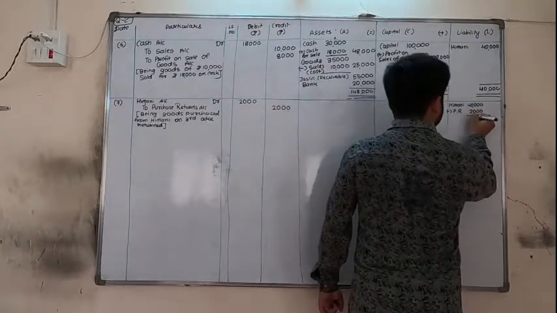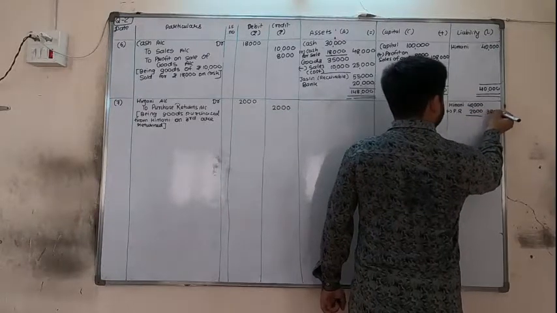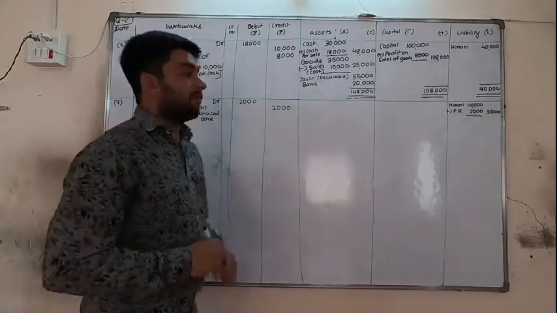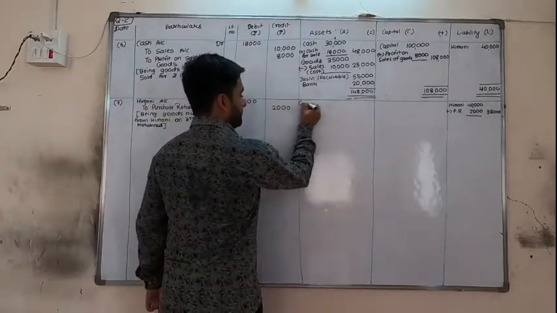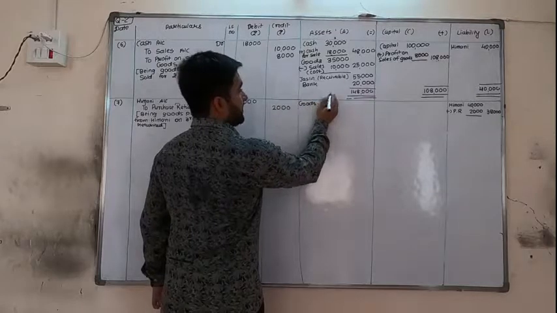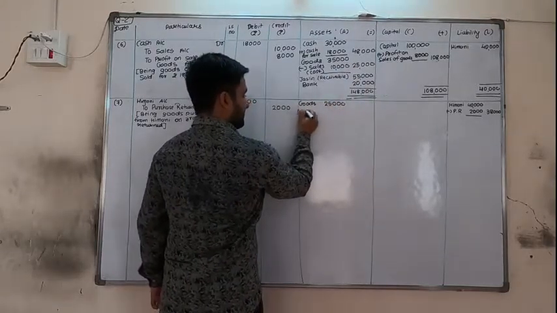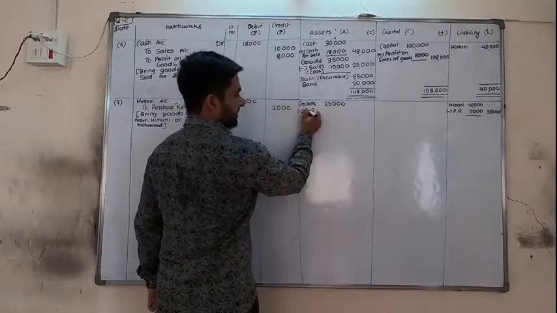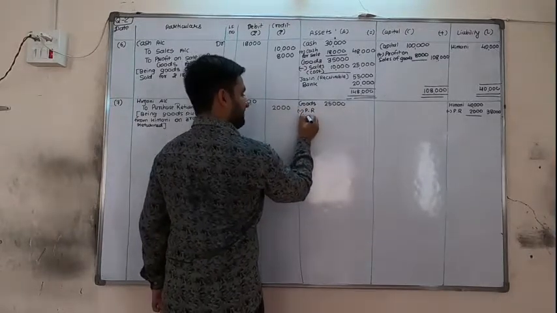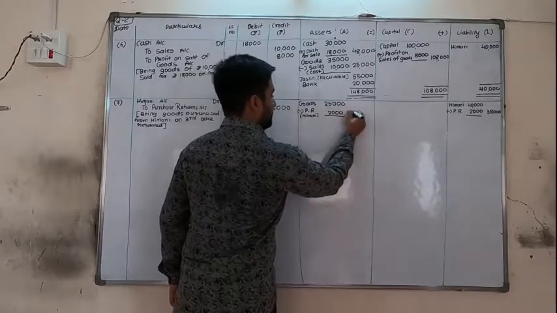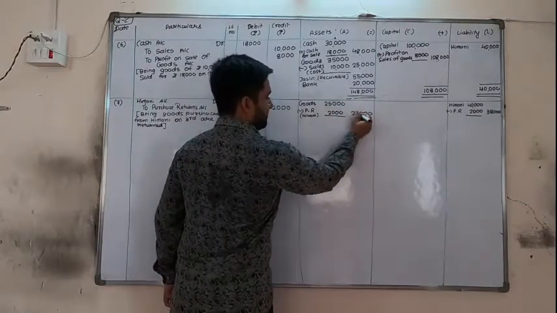The amount is 2,000, so the net liability will be 38,000, 40,000 minus 2,000. Moreover, we are returning the goods back, so goods we had 25,000. Net goods are 25,000 minus PR, and in bracket write the name Himani, 2,000. So the remaining goods will be 23,000.